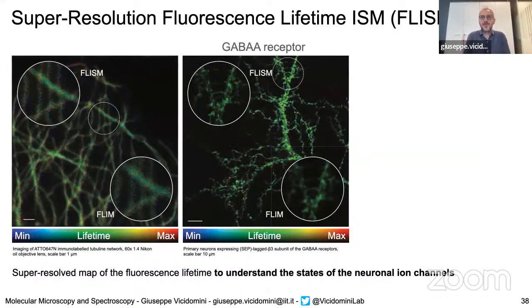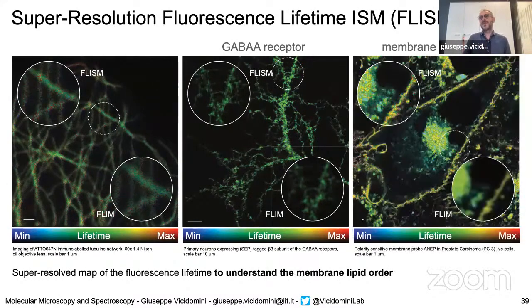In our lab, we are working on applications in which we want to use super resolution in combination with lifetime to understand the status of some neuron ion channels. As you know, the lifetime changes as a function of the concentration of the ion, and thereby we can use this information to understand whether a channel is open or closed. Another application is understanding the order of a lipid membrane.